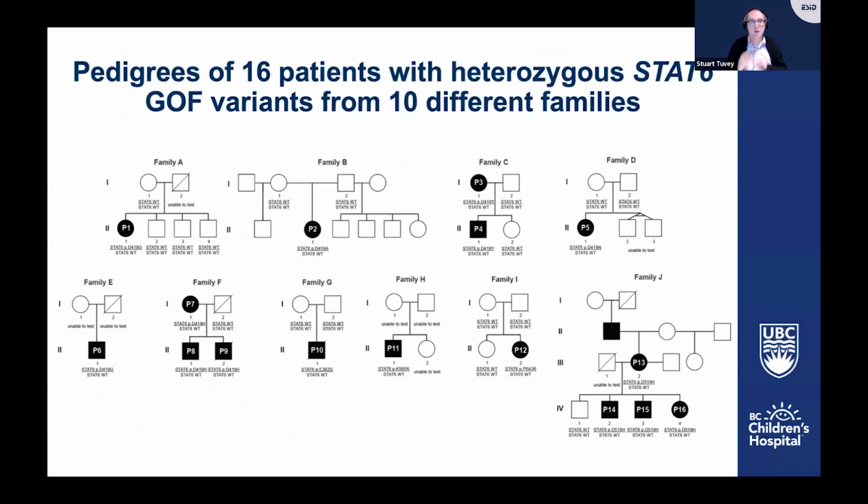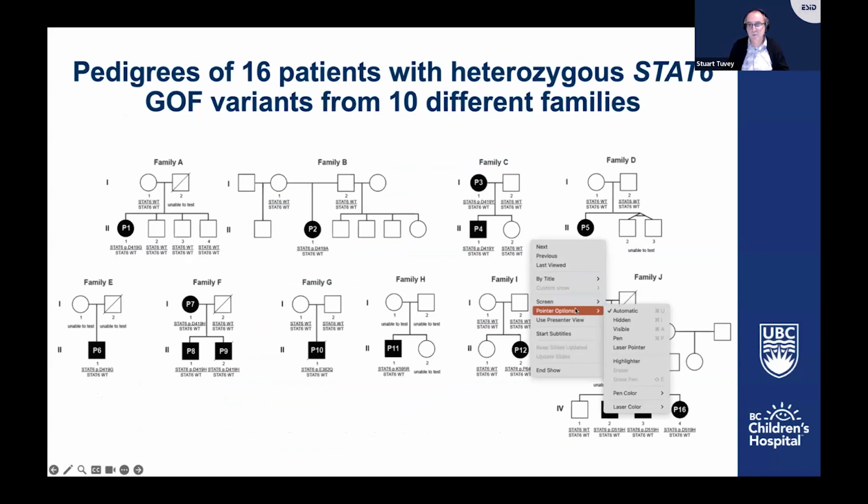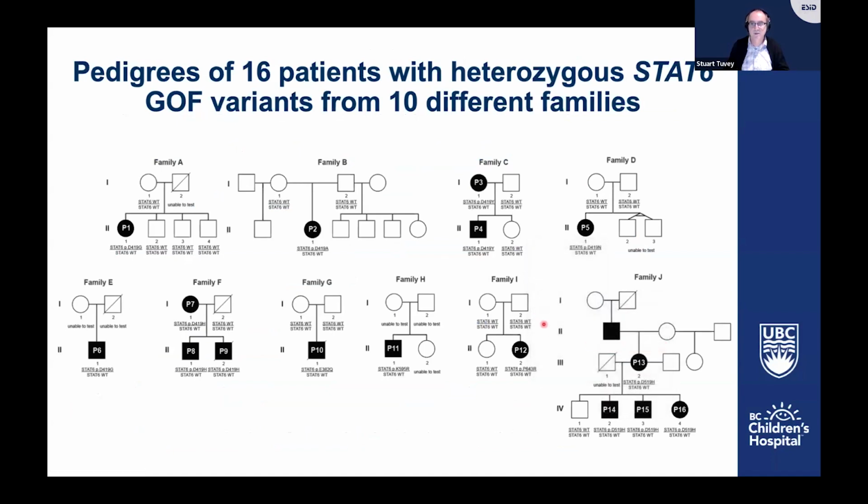So here are the pedigrees of those initial 16 patients we identified. For example, if we look down in the right-hand corner here at family J, this is consistent with a classic autosomal dominant pattern where we have individuals affected in every generation and those individuals of different biological sex.